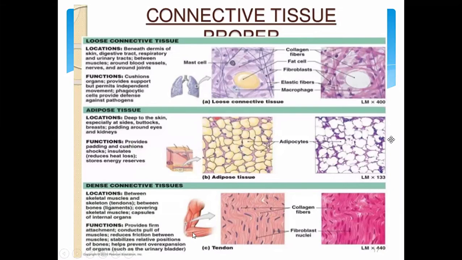So here also functions, firm attachment, and the rest. This is in your book, so you can read them all. Okay, so this is your adipocytes. And then this is your collagen fibers, okay, and the fibroblasts. There you are.